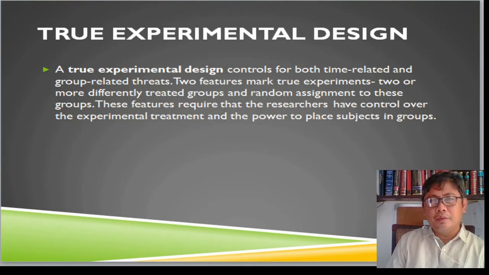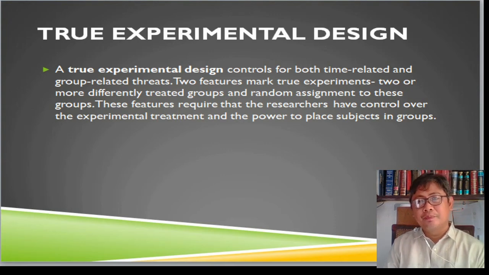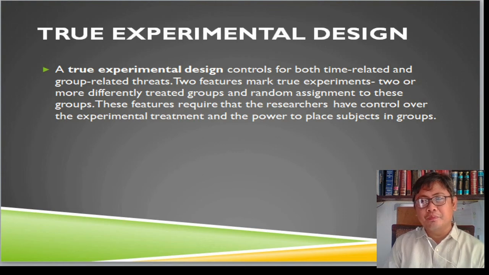The third type of experimental research design is the true experimental design. A true experimental design controls both time-related and group-related threats. Two features mark a true experiment: two or more differently treated groups, which is the control group or the experimental group.